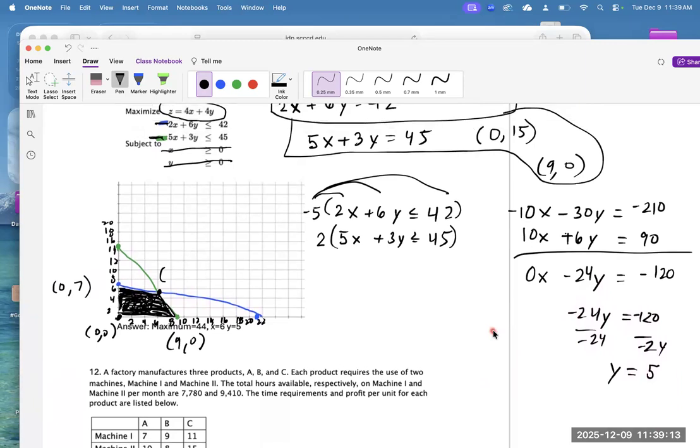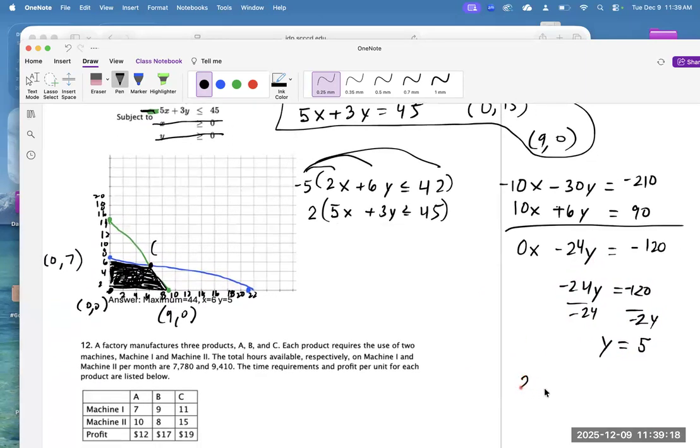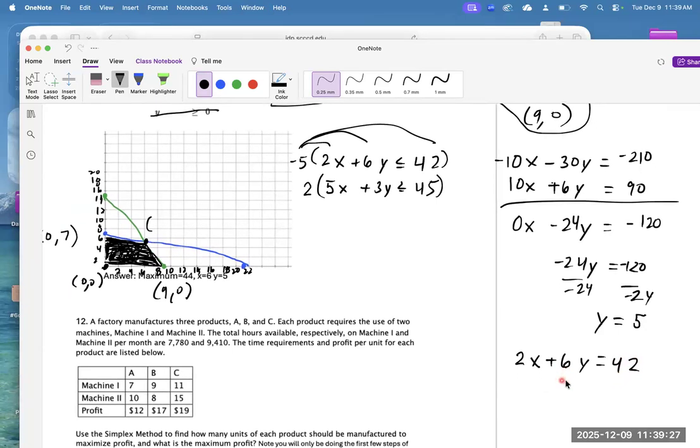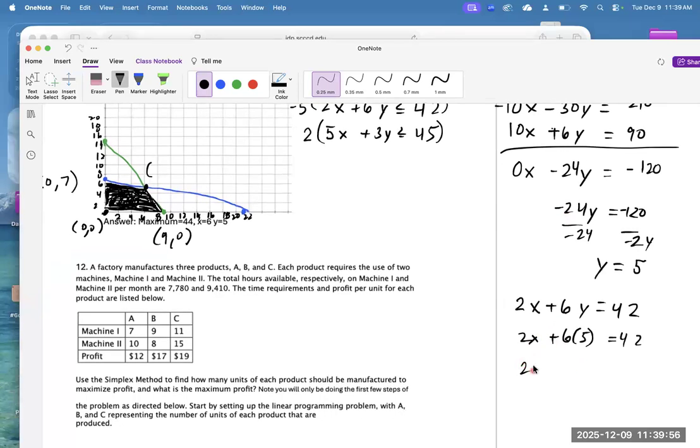Next I just have to take any one of the equations and substitute the y back in to solve for x. So take 2x plus 6y is equal to 42. If I plug in 5 here, 2x plus 30 equals 42.